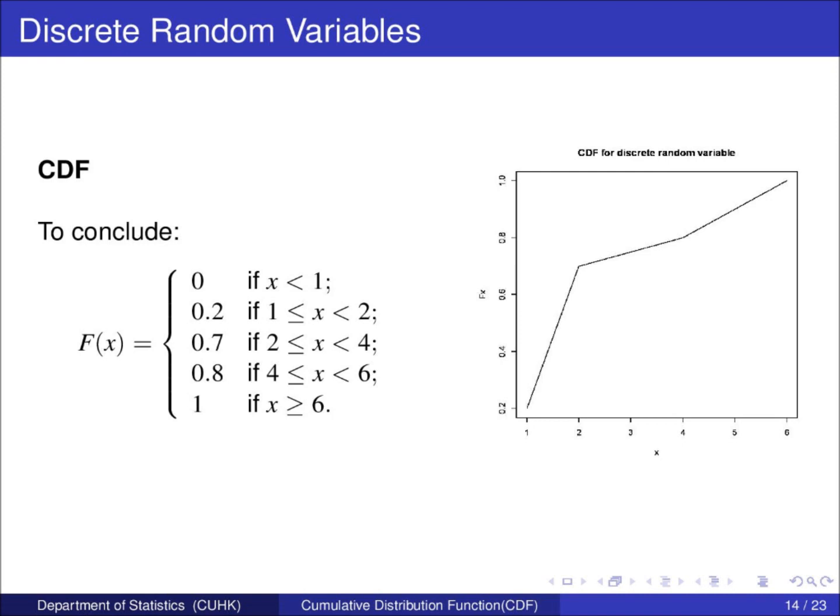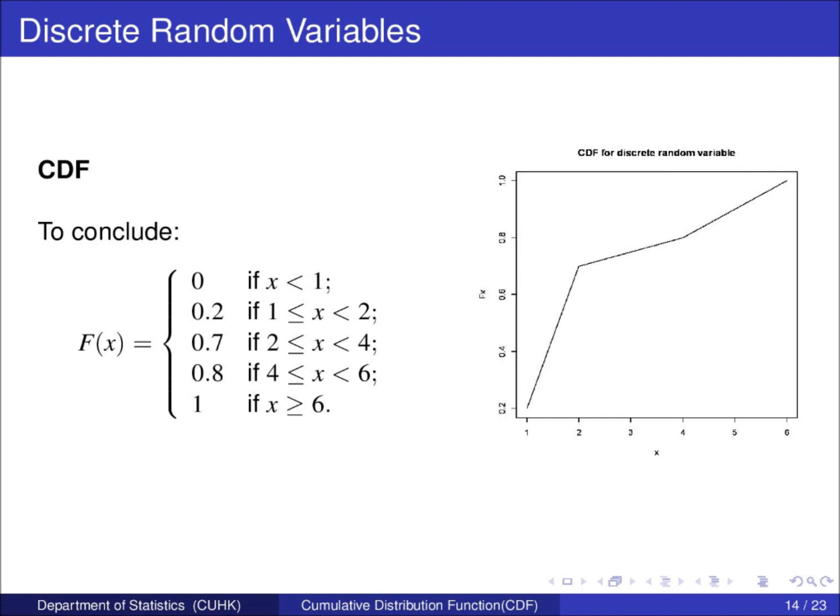To conclude, for the discrete case, we can write down the CDF F(x) is equal to 0 when x is smaller than 1. But if x is larger than or equal to 1 but smaller than 2, the CDF will be equal to 0.2.